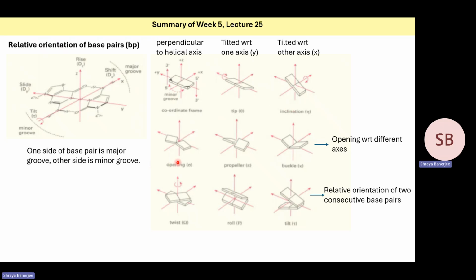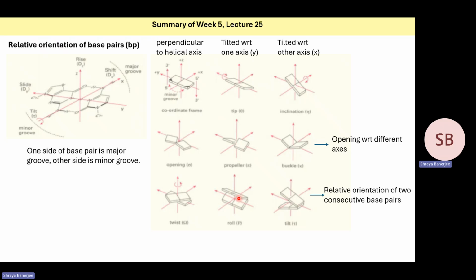Or what can happen is that instead of being perfectly aligned, the two bases in a pair can be opened up with respect to the x-axis, with respect to the y or the z-axis. And again, these will have different names. And the third possibility is the relative orientation between two consecutive base pairs. Instead of sitting right on top of each other parallelly, they can be twisted with respect to each other.